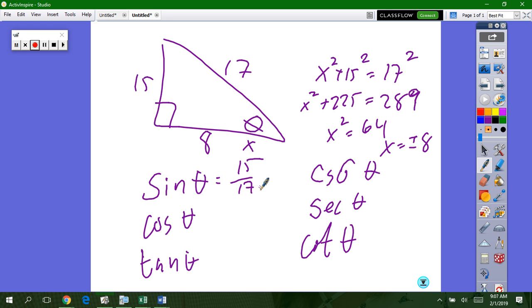What about cosecant? 1 over that, which is what though? Just 17 over 15. Correct? Any questions there? Cosine.